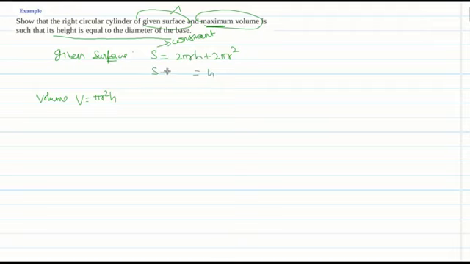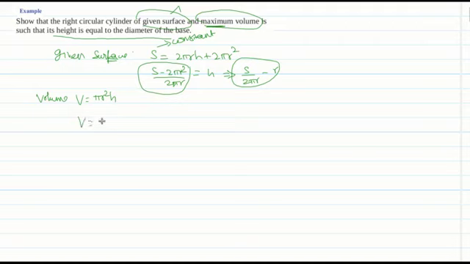That means H is equal to S minus 2 pi R square by 2 pi R. Okay children. So this implies S by 2 pi R minus R. Like this, anything can be followed, children. Either you can take this or you can take this one. It is your wish.